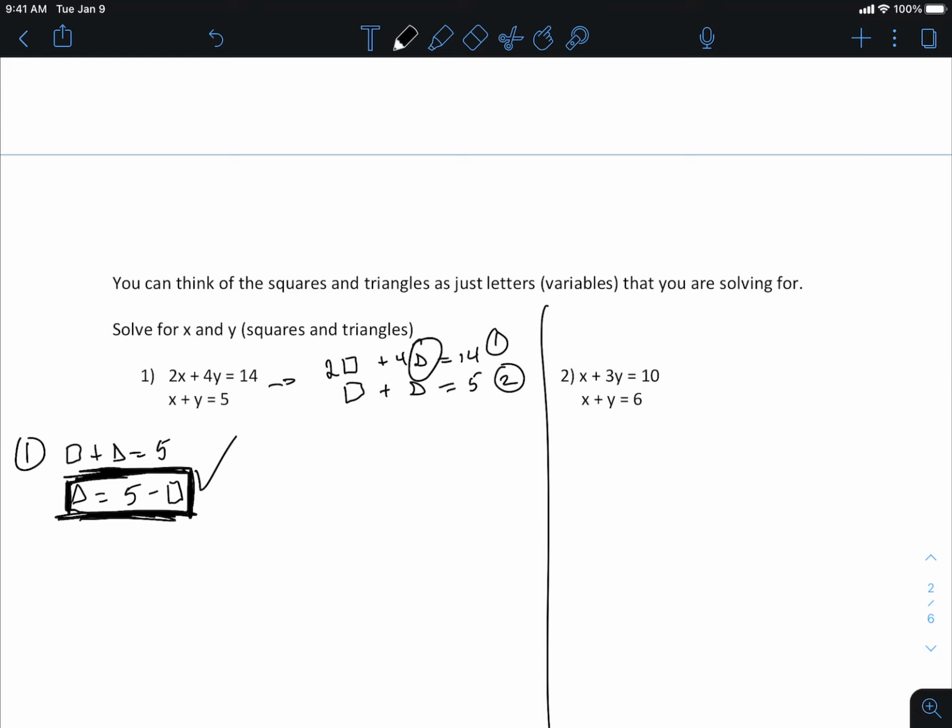So step 2 is rewrite the first equation. So I get 2 squares plus 4 triangles, but the triangle, remember, is not a triangle. It's 5 minus 1 square.